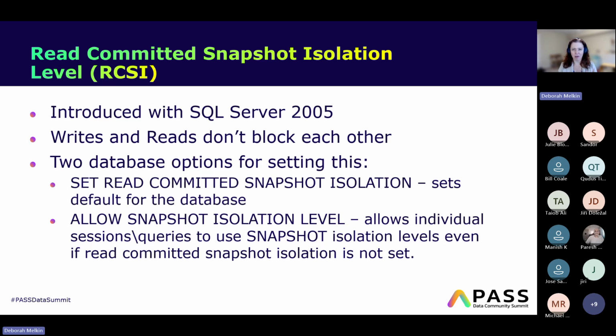There are reasons for it. I'm not quite sure what those are. Maybe you're testing, you didn't realize you hadn't been using it, and you want to see the effects before you make it for everyone. What this does is it allows you to say for that particular batch or query or proc or whatever it is, you want to set it on an individual level to say whether you want to use snapshot isolation or not.